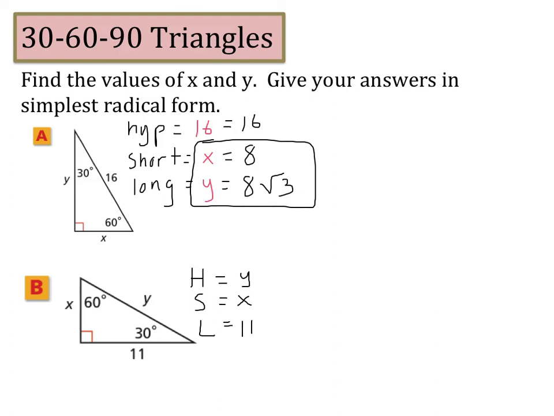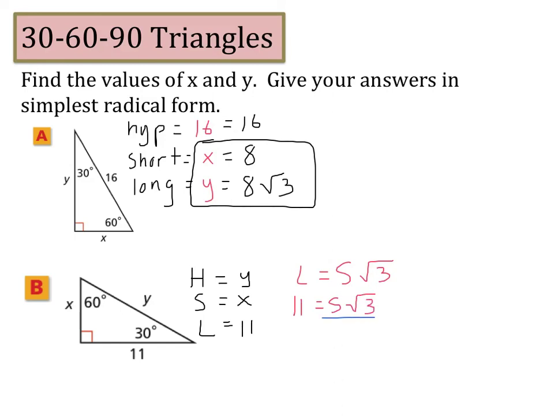So I can't figure out my hypotenuse until I know my short leg. So I know that the long leg equals the short leg times the square root of 3. I know my long leg is 11, so I can use algebra to solve for the short leg.